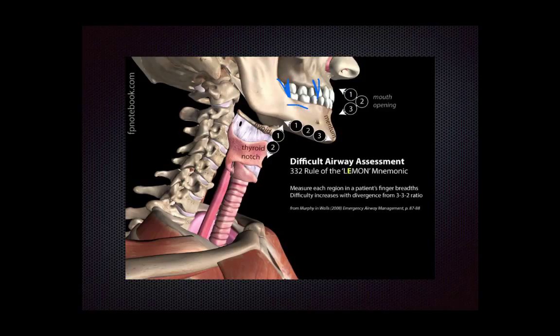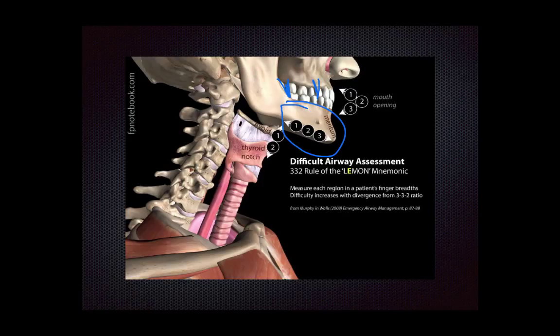Then we've got the next 3, which is basically, you can almost consider it, from the symphysis of the mandible to where you can feel your trachea, or that larynx meet, or where that hyoid is.